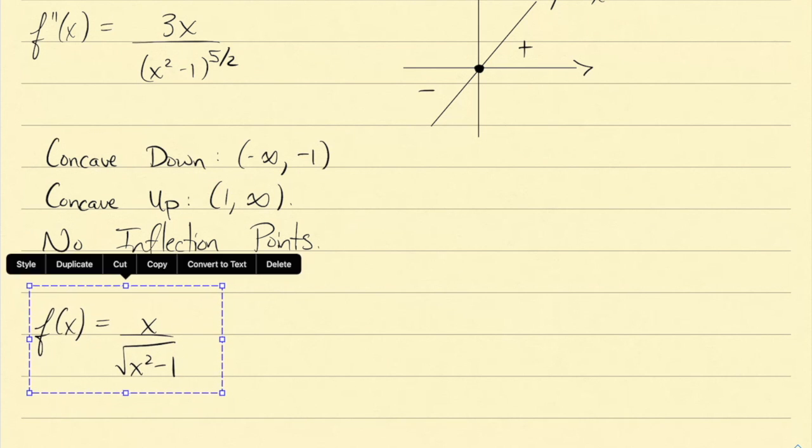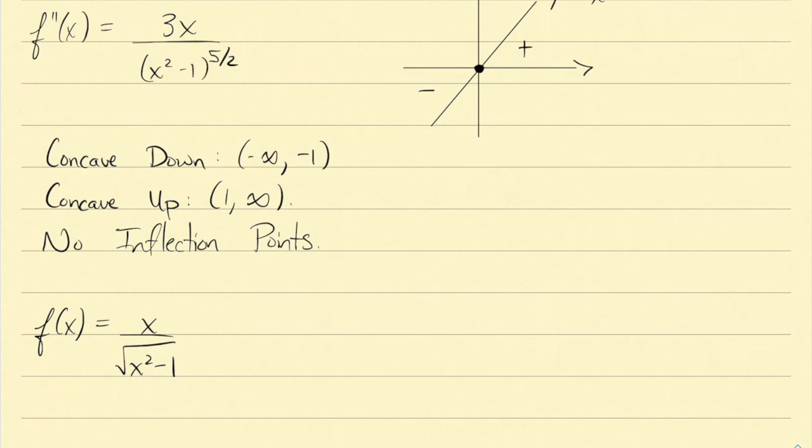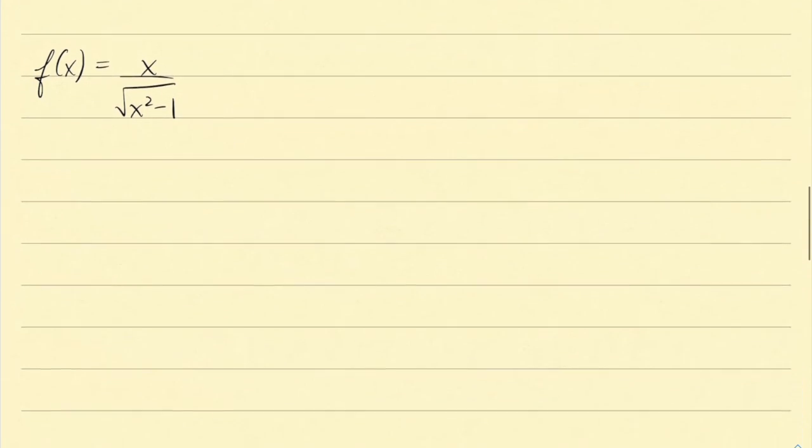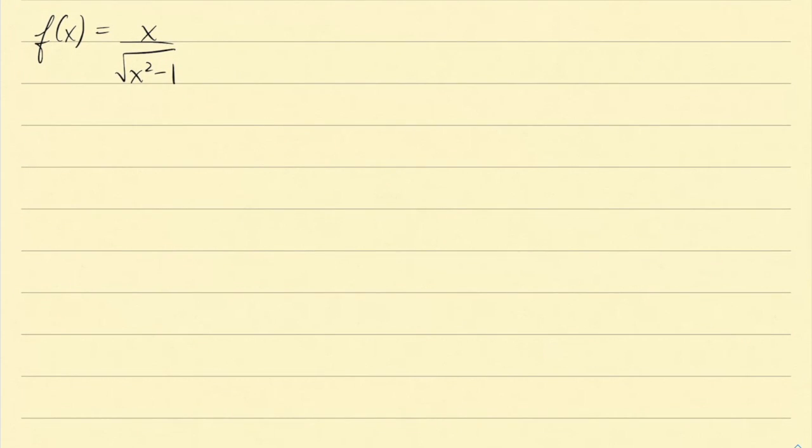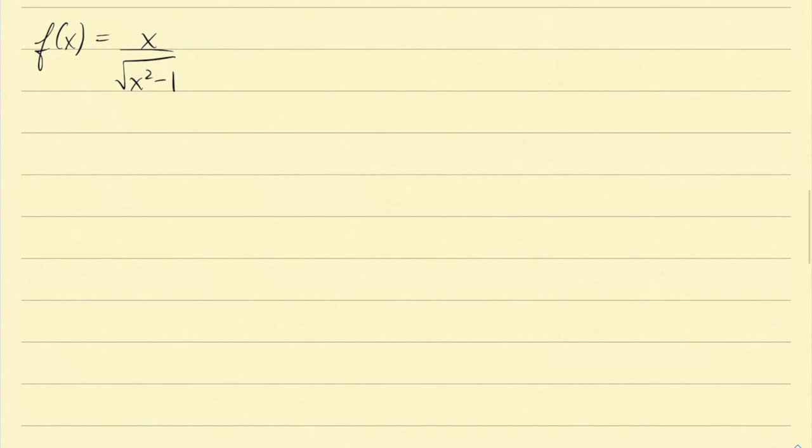So here's our nice function, x over the square root of x squared minus 1. And we're going to compute the limits as x goes to positive and negative infinity. Before we do that, we want to make a careful observation. And that observation is that the square root of x squared is the same thing as the absolute value of x. This is going to become important.